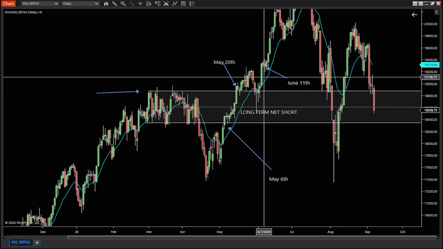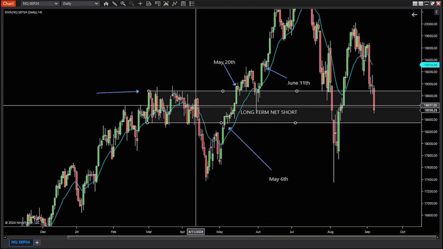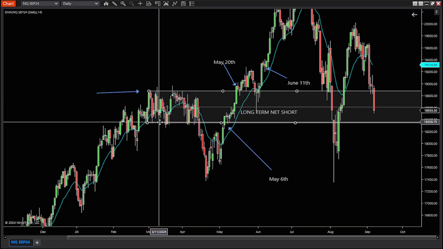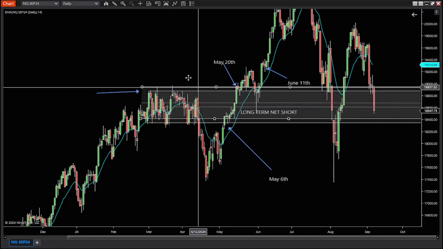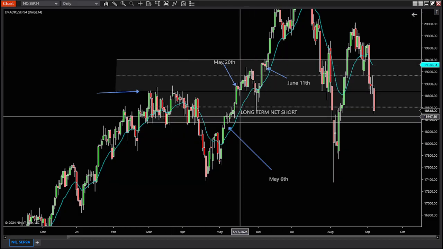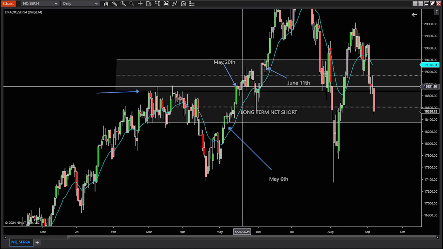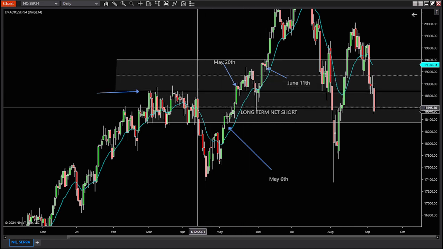Now, as price continues to move higher, all we're going to do is take this cost basis, this range, and copy and paste it. We're just going to line up the lines here. So as price started to move higher, what levels off of copying and pasting this are significant?